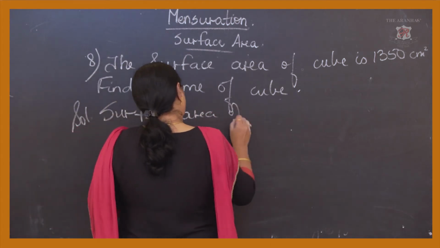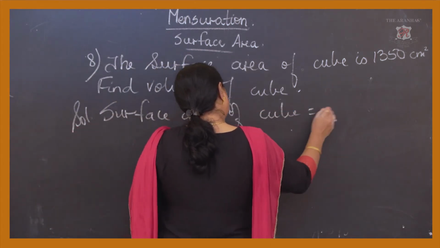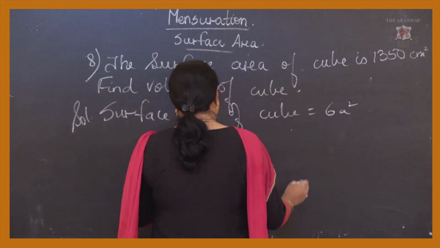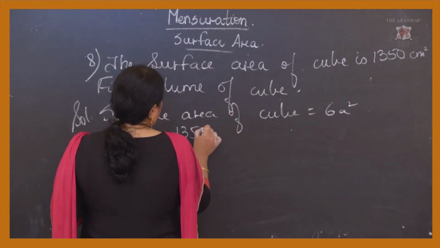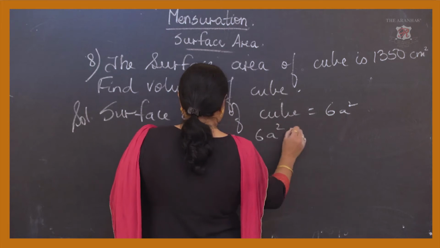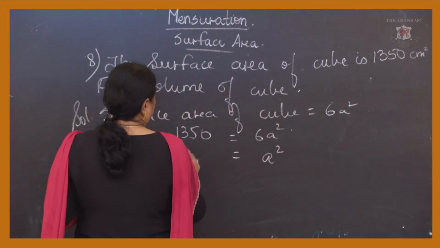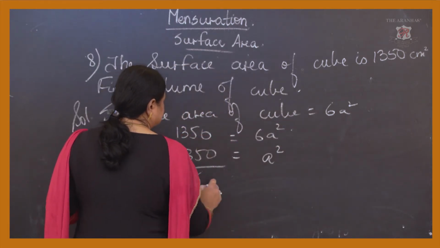surface area of cube is equal to what? 6a square. 1350 is equal to 6a square. A square is equal to 1350 divided by 6.